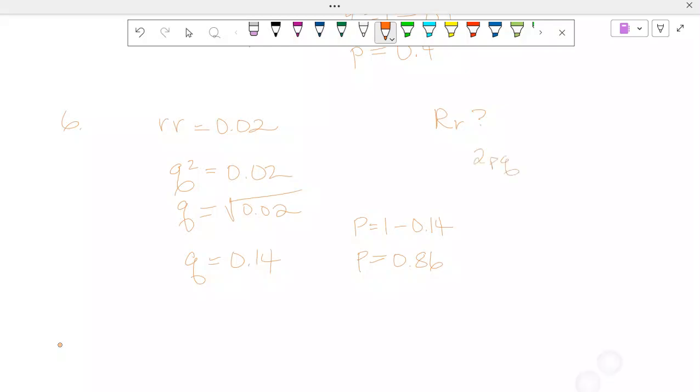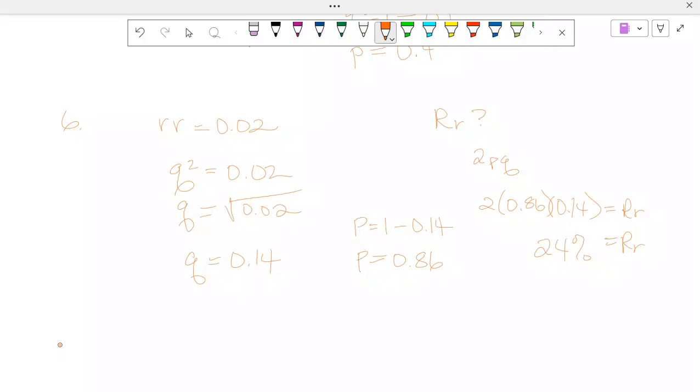So now we have 2 times 0.86 times 0.14, and that gives us our final value of 0.24 or 24%. So 24% of the population is heterozygous.